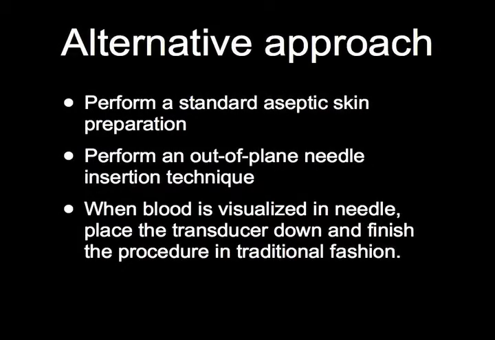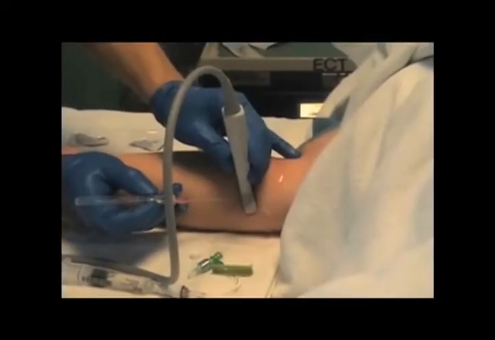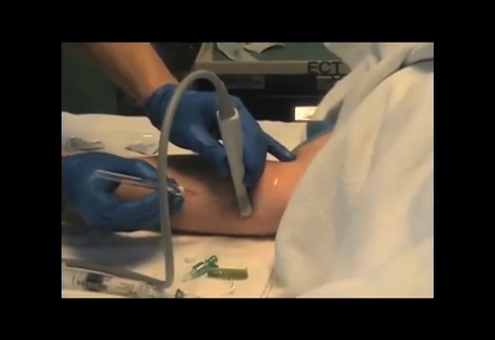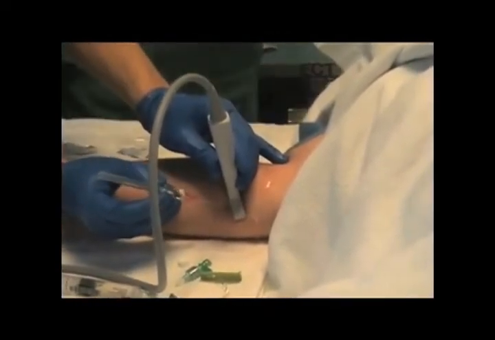Alternative approach: perform standard aseptic skin preparation. Using a live technique, perform an out-of-plane needle insertion technique. When blood is visualized in the needle, place the transducer down and finish the procedure in a traditional fashion. This video demonstrates this technique: out-of-plane needle insertion.